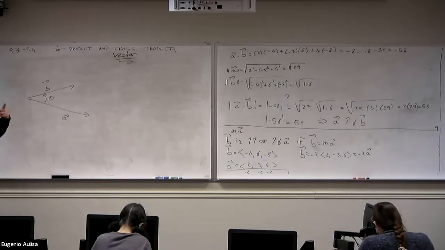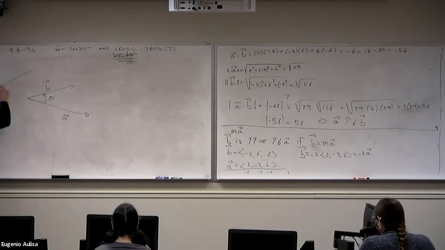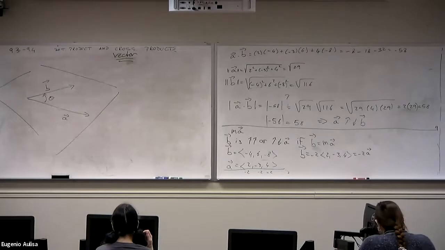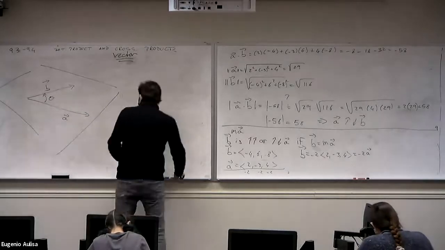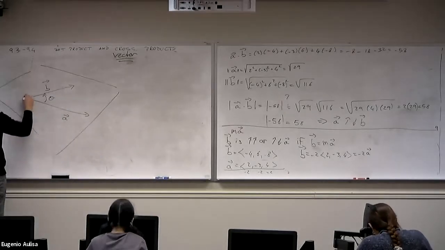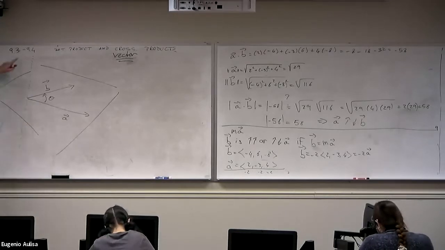Since they are not parallel, two vectors uniquely identify a plane. If they are parallel, this uniqueness disappears. Okay? So since we have a plane, we can define a line which is orthogonal to the plane.